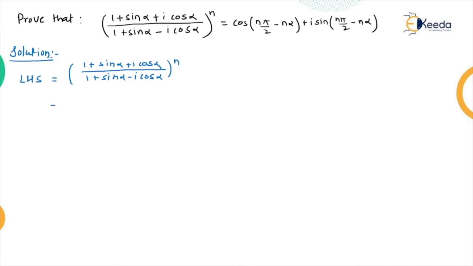You know very well, we have to convert 1 plus sin alpha into cos angles.